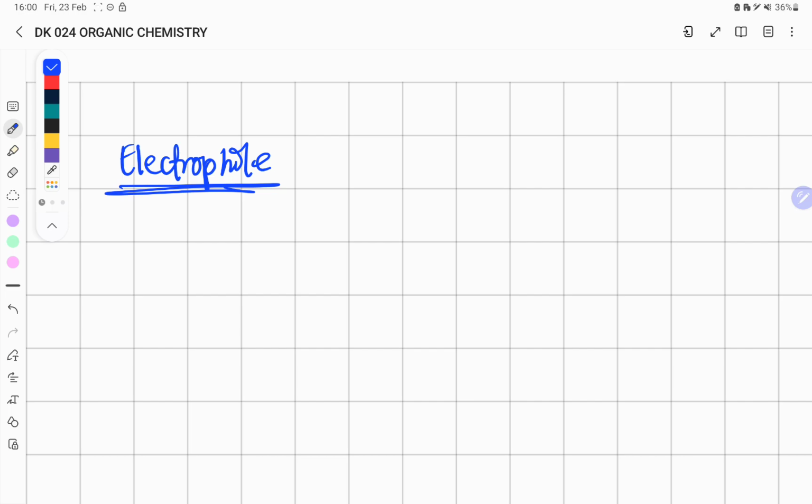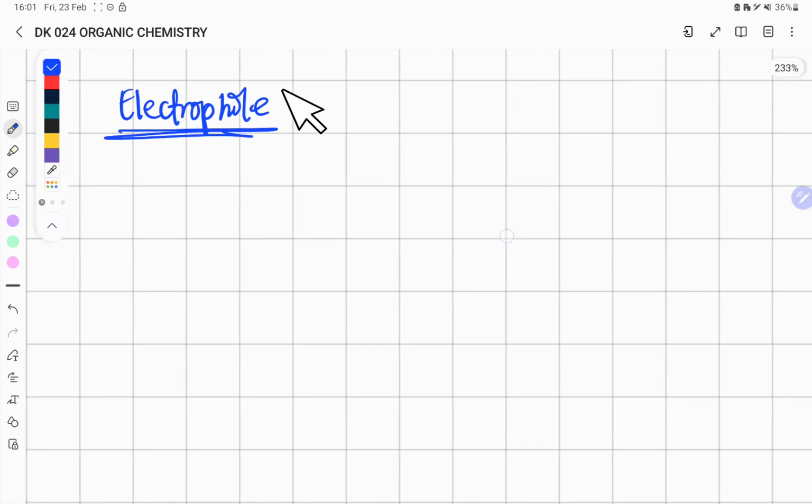Okay, macam mana kita nak tahu sesuatu tu electrophile ataupun tidak? Kita kena tengok dia punya electron density ataupun tindak balas yang telah berlaku. Okay, kita tengok dia punya arrow pushing mechanism tu, ataupun anak panah yang saya guna tadi untuk tunjuk pergerakan elektron. Okay, baru kita boleh tahu dia nucleophile ataupun electrophile.